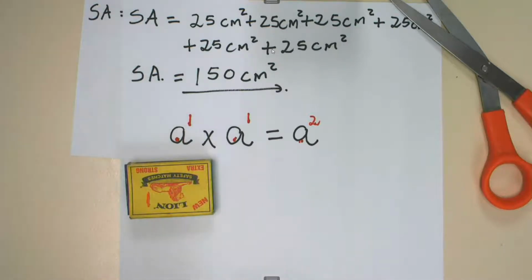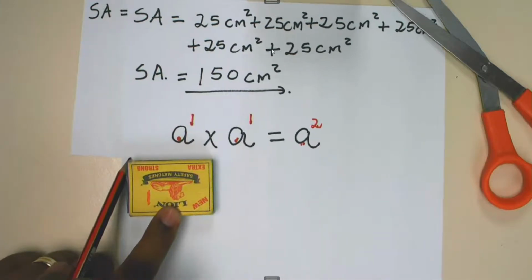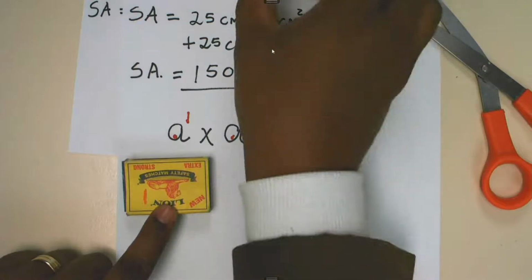A rectangular prism will still have the length and the breadth, but there is now a third factor. And what is that? From bottom up, it is the height.